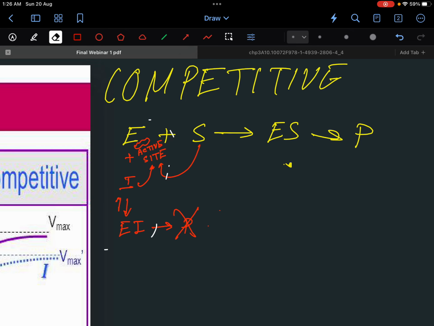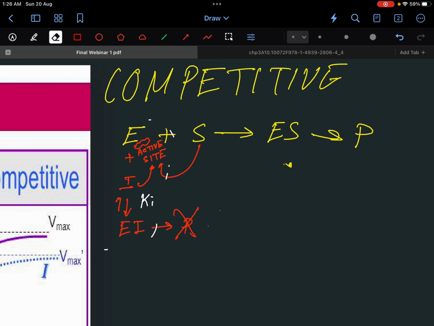Whenever there is a new reaction, there will be a new constant, that is Ki. There is Km and there is Ki. Ki is the constant at which the inhibitor is binding with the enzyme. So this is the Ki, and there is another term that I need to remember.